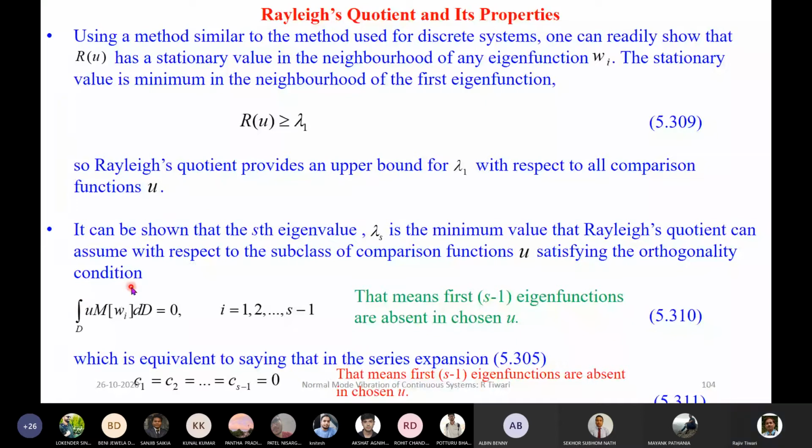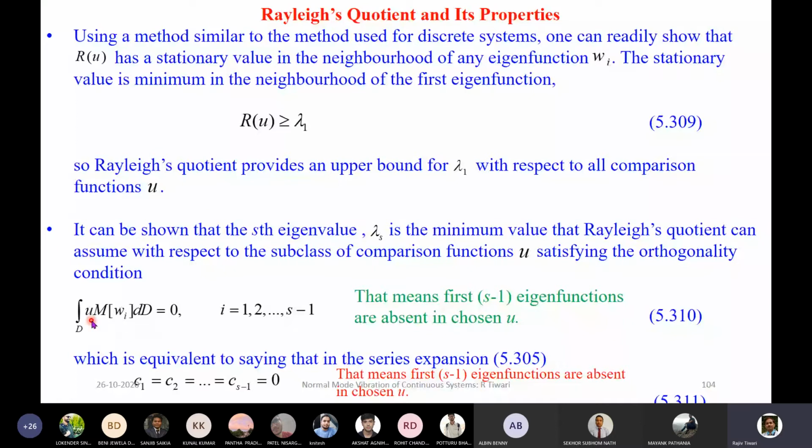This will be 0, because the terms for i from 1 to s-1 are not there in U. U starts with the (s+1)th eigenfunction, so it will never be equal to w_i for i from 1 to s.